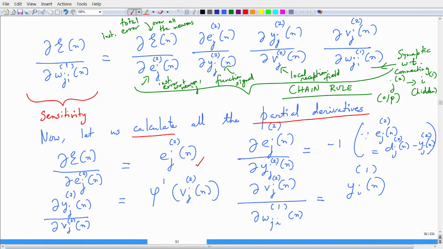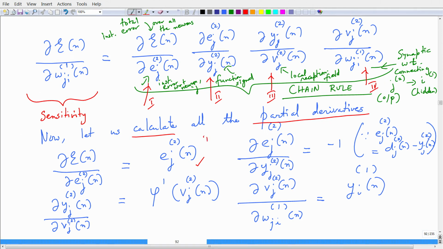Now, the derivative of Ej of n with respect to the functional signal, that is the second term. This is term 1, this is term 2, this is term 3 and this is term 4.